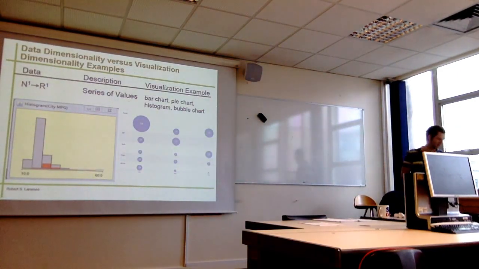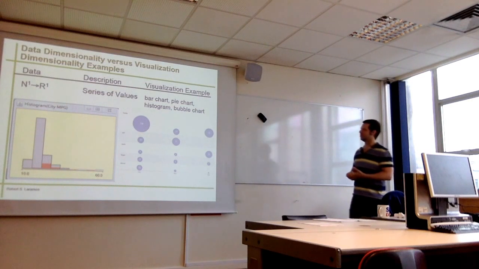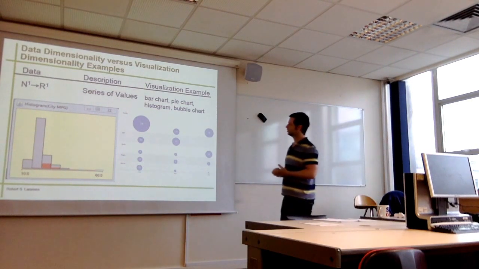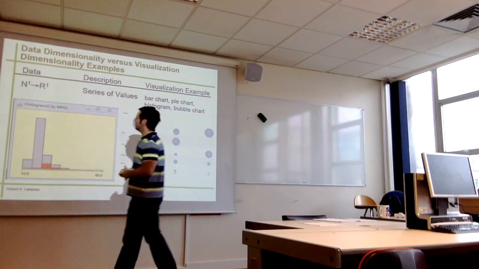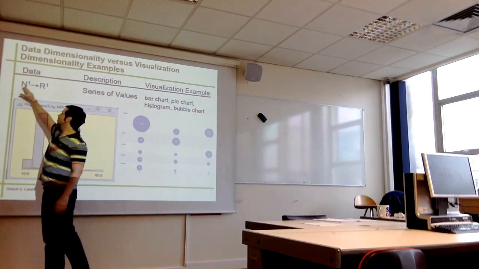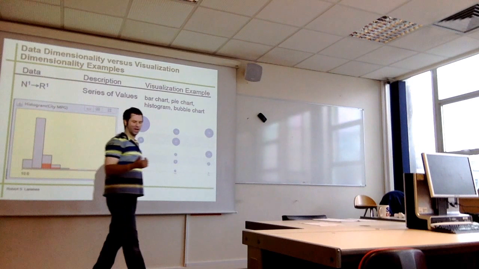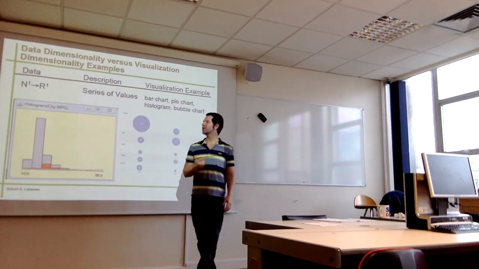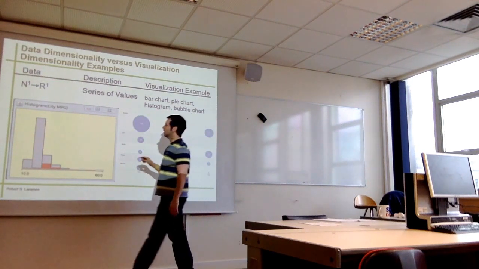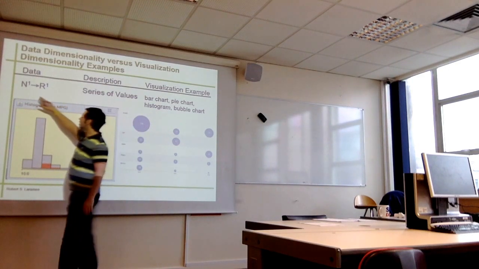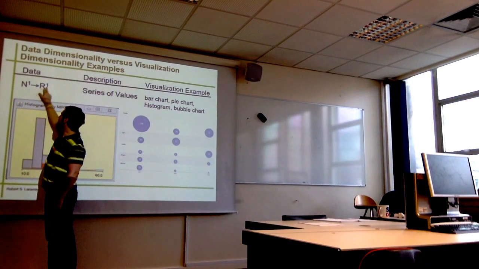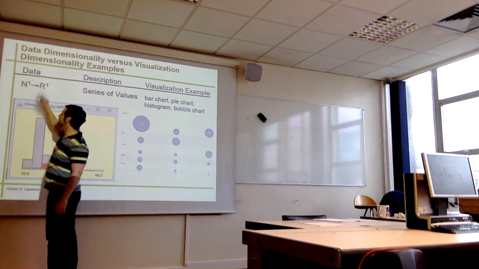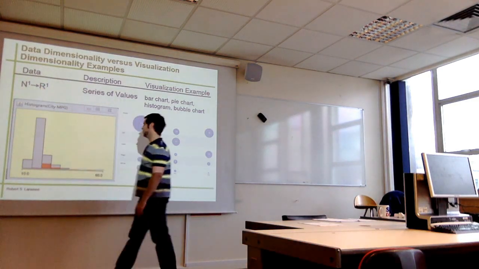These are just some examples. So these are some examples of one-dimensional data and one-dimensional data visualizations. The N means any kind of data, so text data or numeric data. A singular numeric value or textual value can be mapped to a set of real numbers, one-dimensional real numbers.